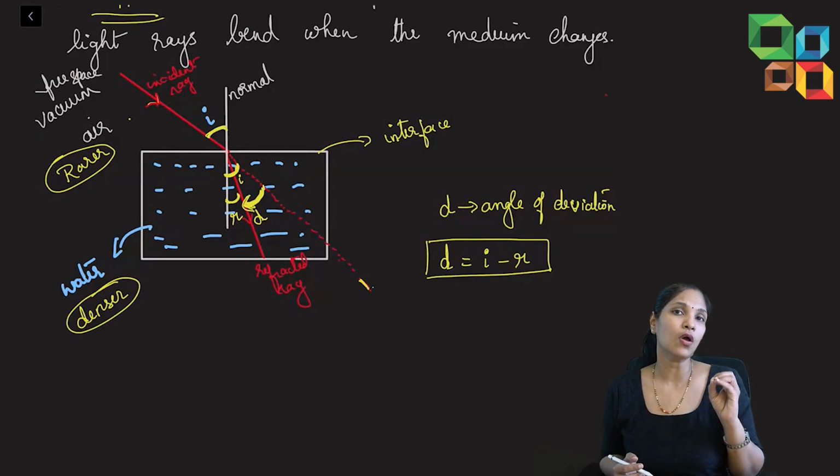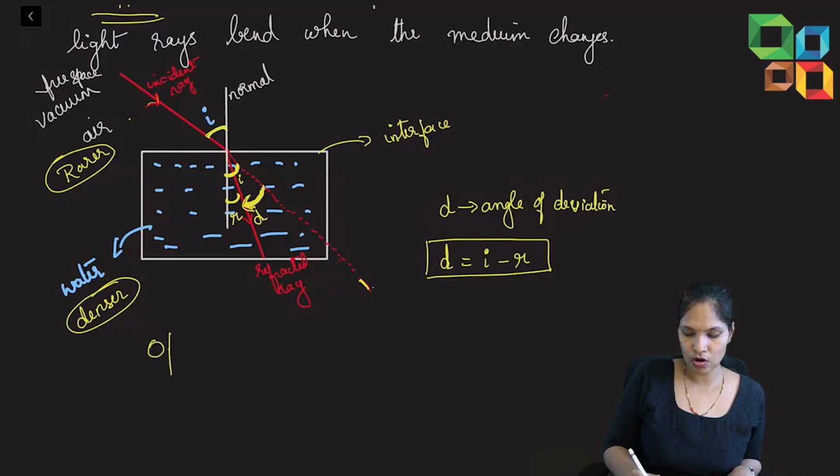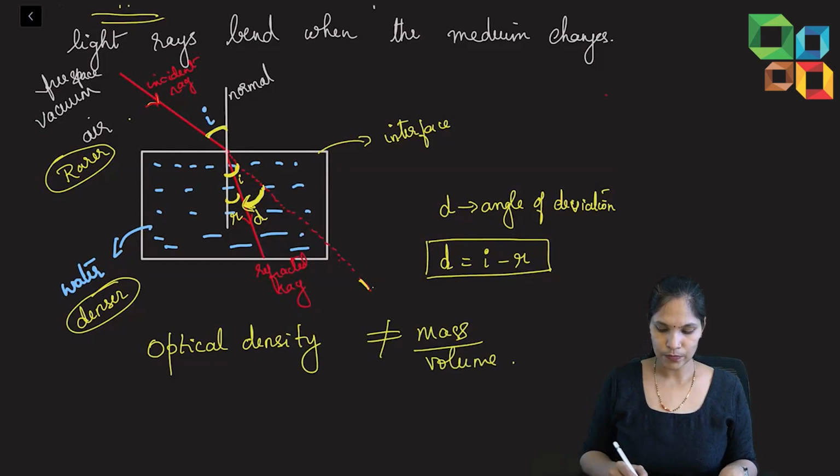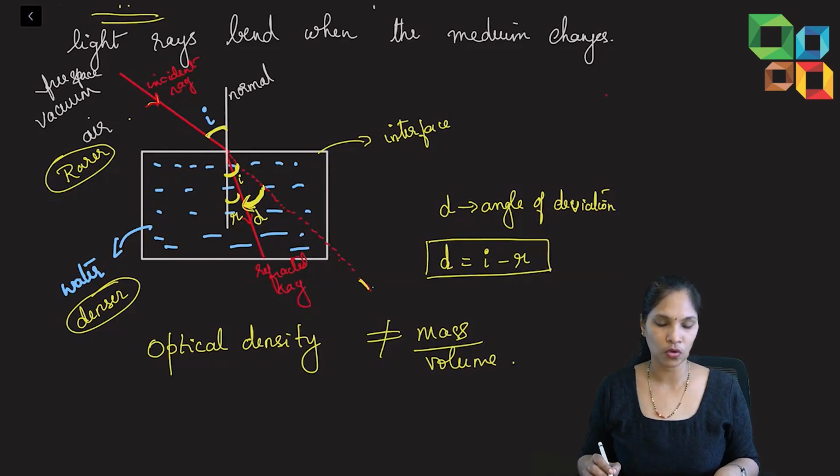It's called something called optical density, the optical density of the medium. Now, optical density is not mass by volume. Please understand this. Optical density is not mass by volume. Then what is optical density?